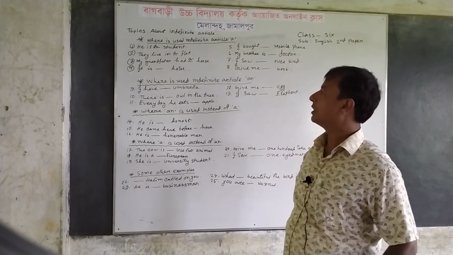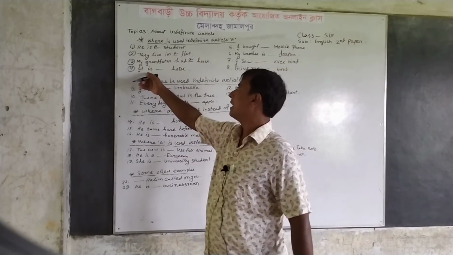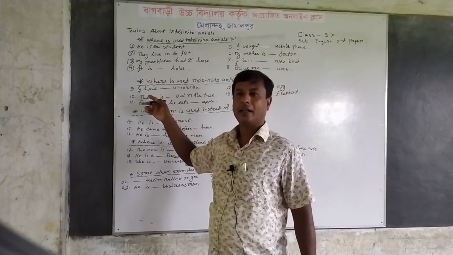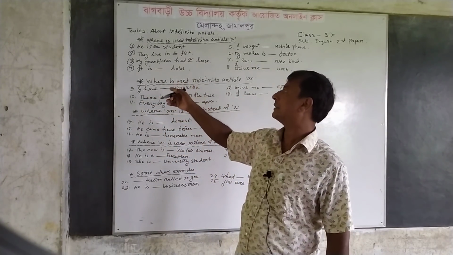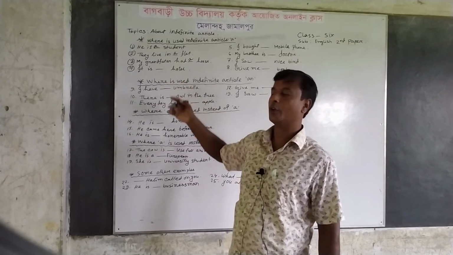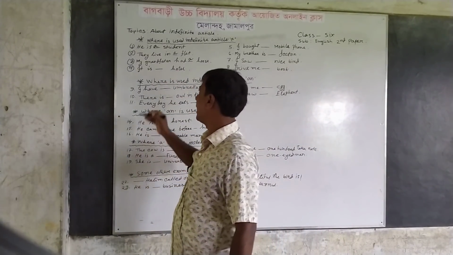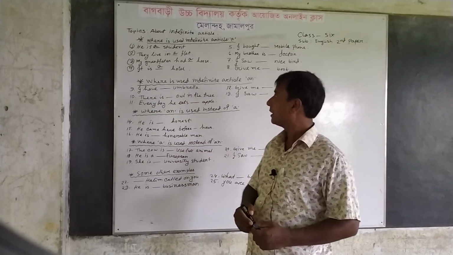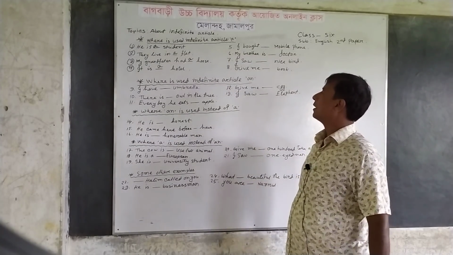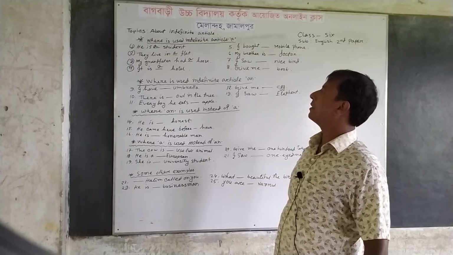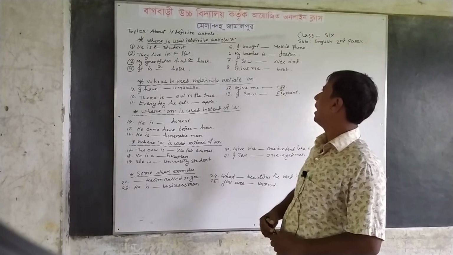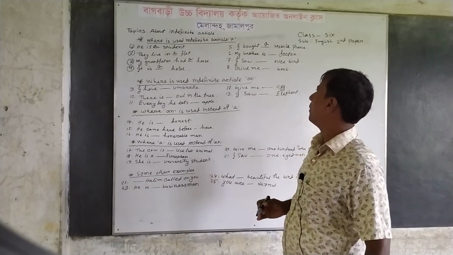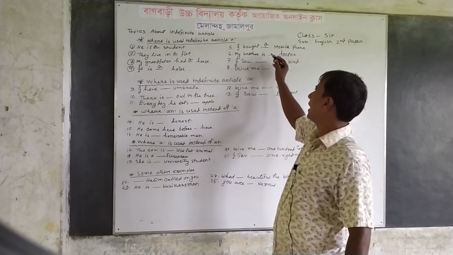The next example, it is a hotel. Hotel is a singular countable noun and its first letter is H. So we shall use A before hotel. In the same way, I bought a mobile phone. My brother is a doctor.